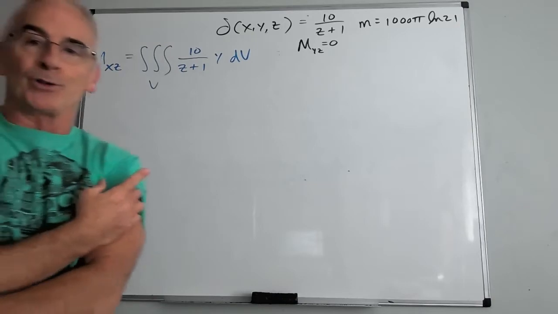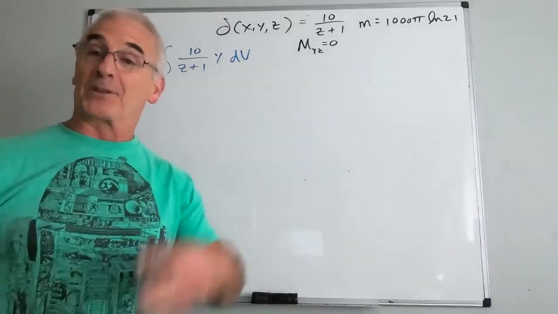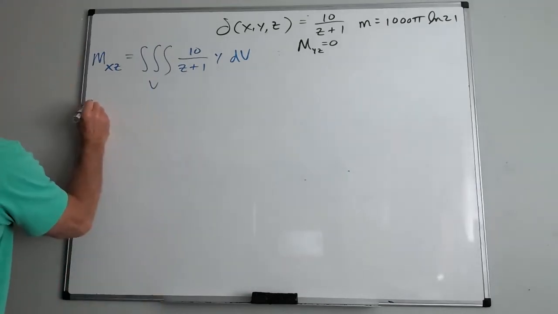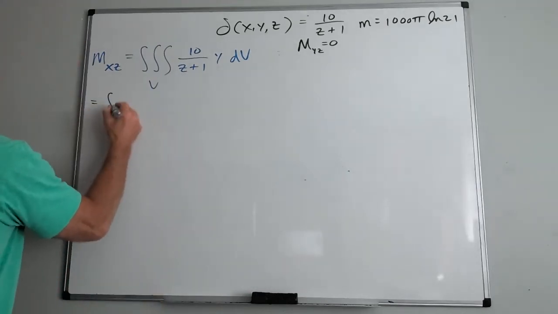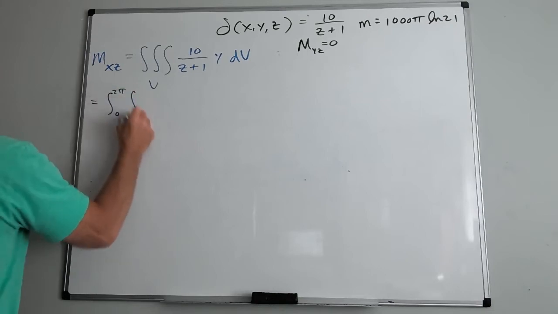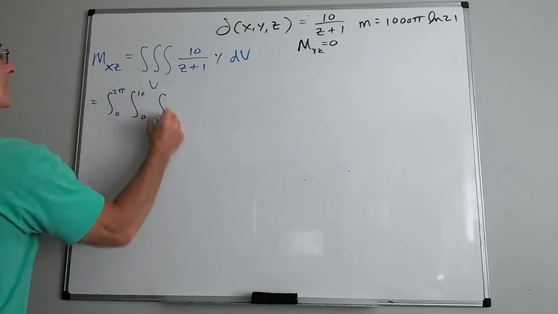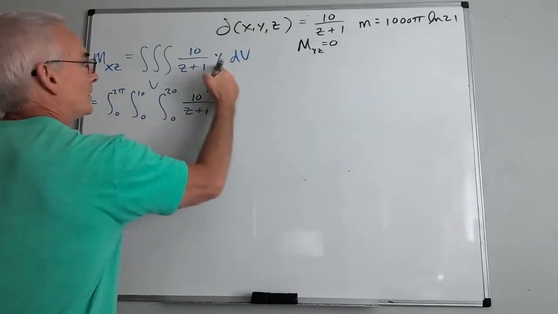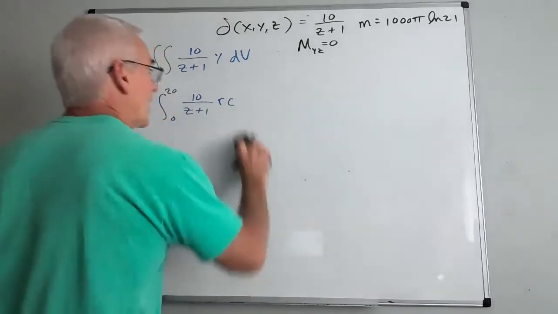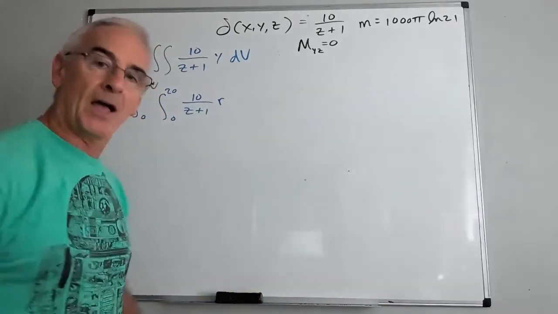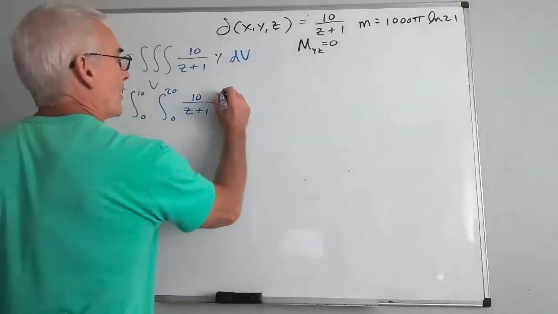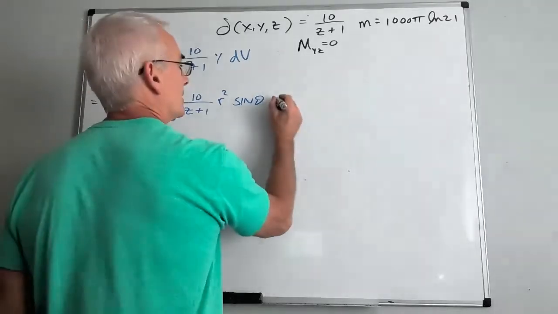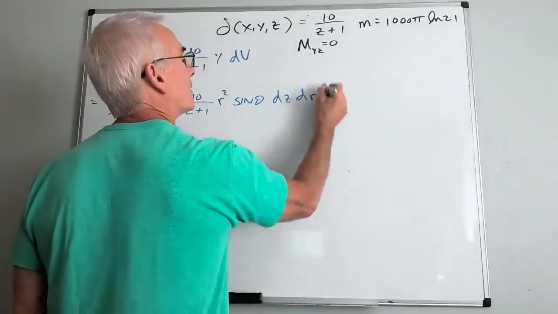You can't change it to polar and multiply by y, because I'm going to have to convert the y into polar. Well, this is going to look very similar to the last one, obviously. So when I convert this, again, 0 to 2 pi, 0 to 10, 0 to 20, 10 over z plus 1, r. We know it's r sine theta times r. So let's just write r squared sine theta, because we did that last time. Now we know it's going to be an r squared, dz dr d theta.